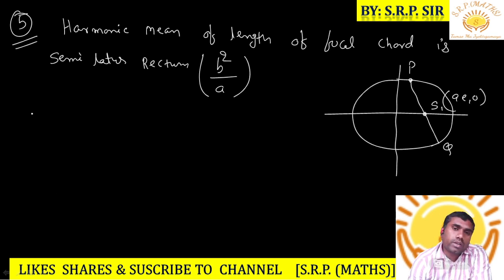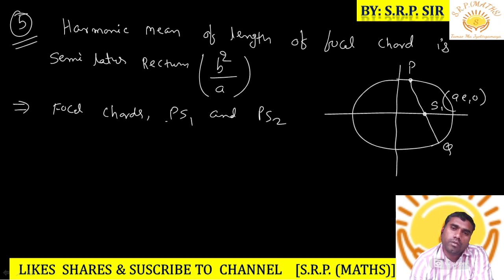So what does this property say? The harmonic mean of the length of the focal chord. So what are the focal chords? The focal chords are here, that is PS1 and QS1. These are the focal chords here. Right.